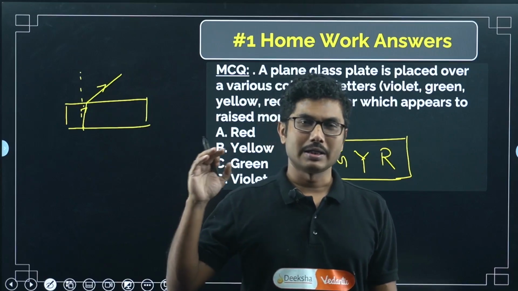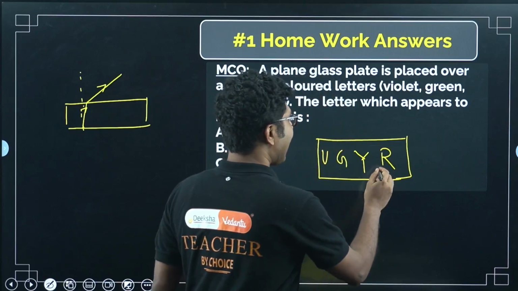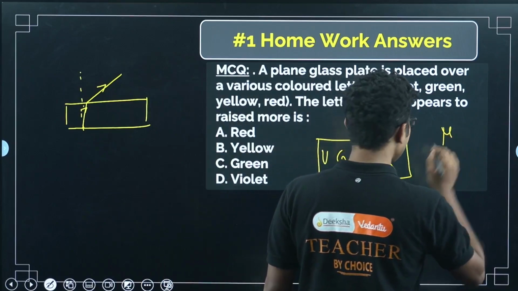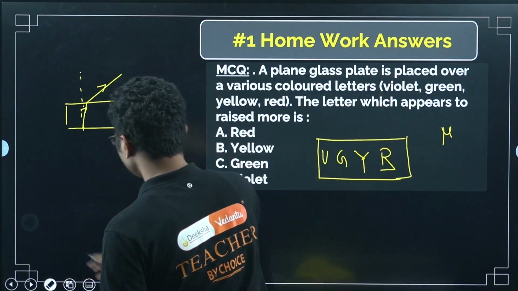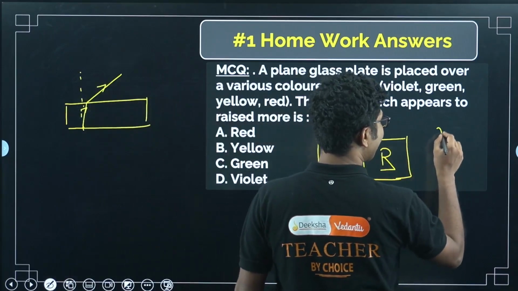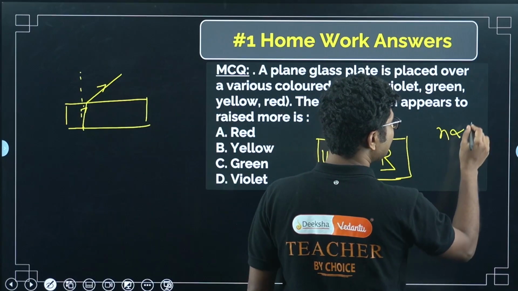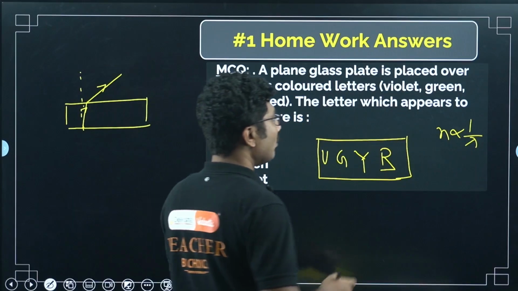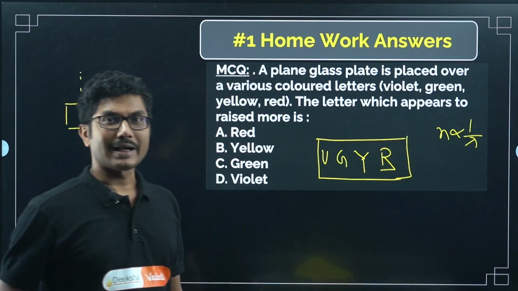So we will see that red has the smallest refractive index. We are not using the sign mu anymore, we are using the sign n in this case. Refractive index is inversely proportional to the wavelength, right? So the more the wavelength, the less the refractive index.